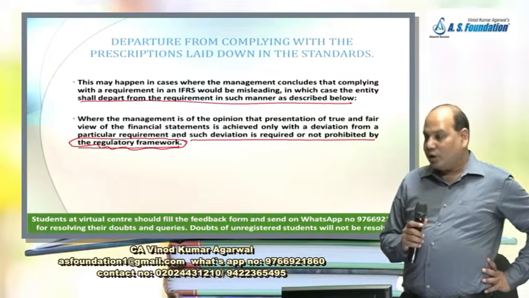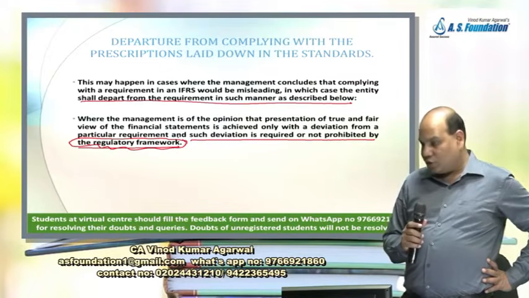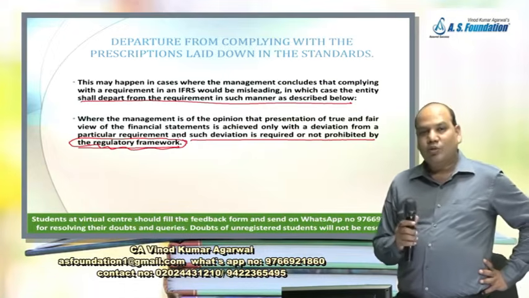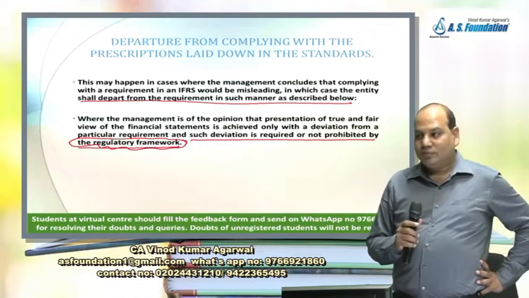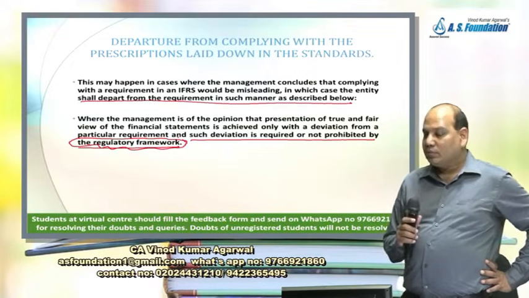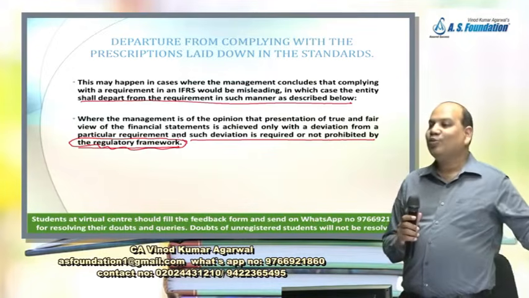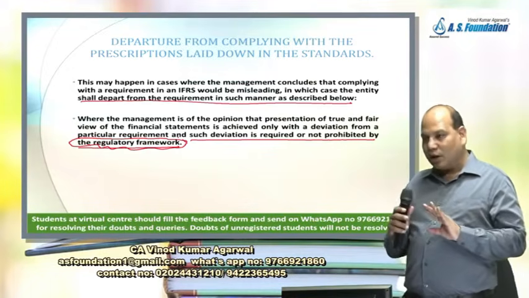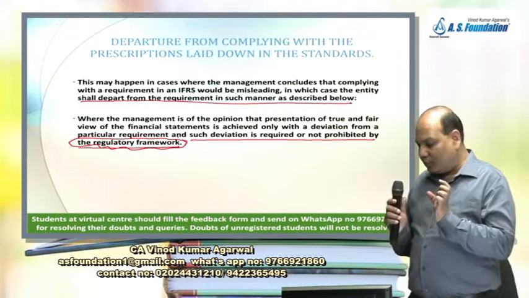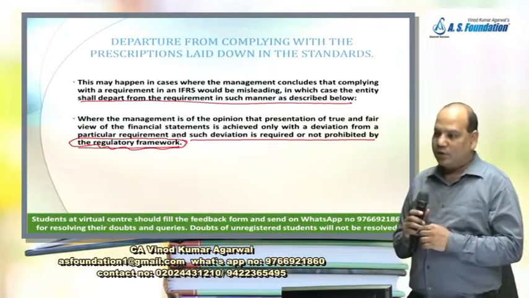But if the regulations, the law of the land, do not allow deviation, will you still deviate and make a disclosure? The answer is no. Then your financial statements will not deviate. However, in the notes you will mention that we have followed the respective standard because we were prohibited by the law from deviating.